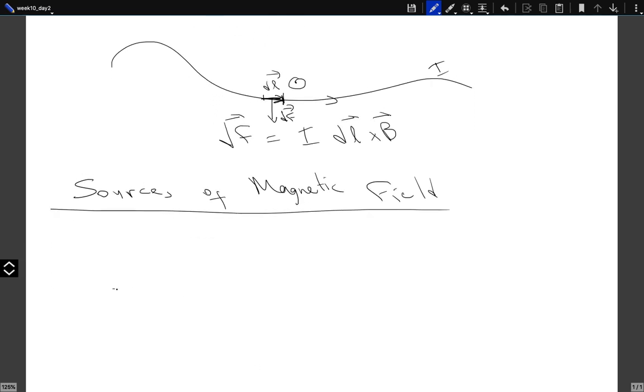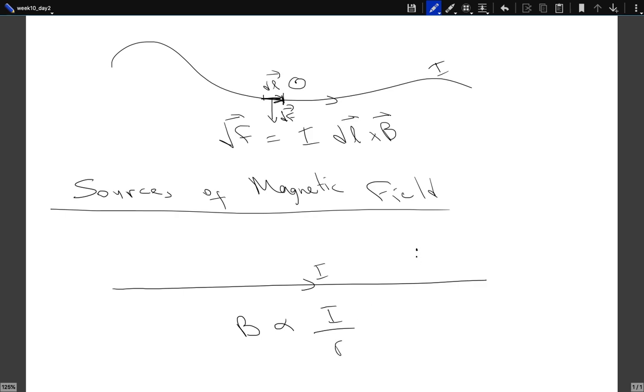If you take an infinite straight wire carrying a current I, the magnetic field lines have such a shape. They just encircle the wire. The magnitude of that magnetic field is experimentally found to be proportional to the current and inversely proportional to the distance from the wire.